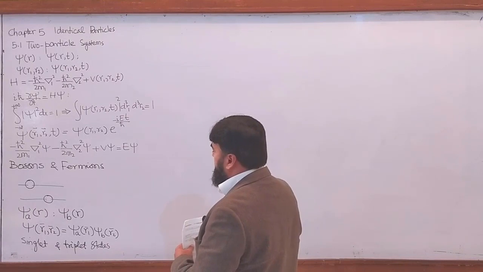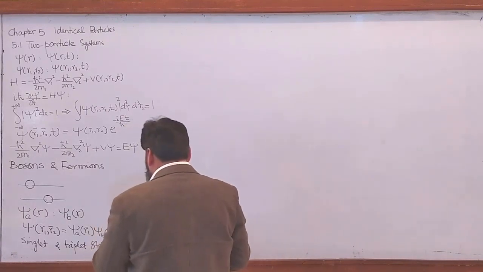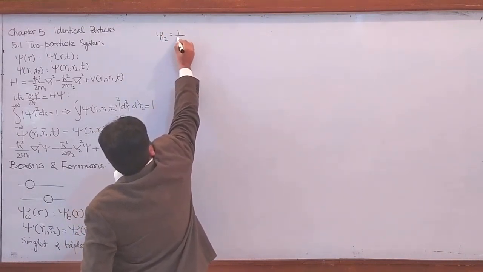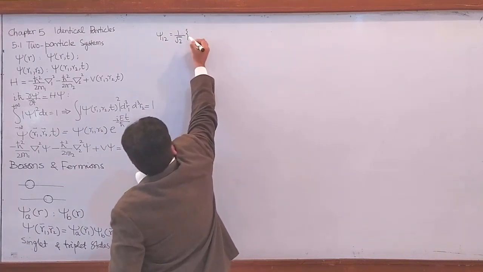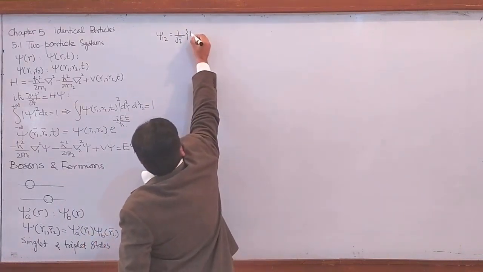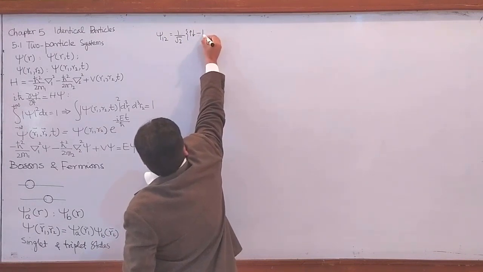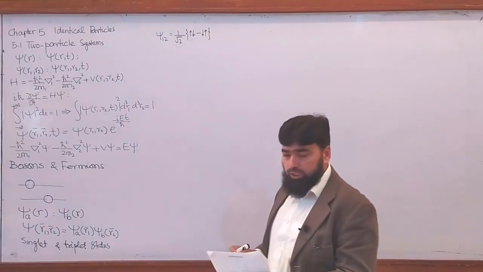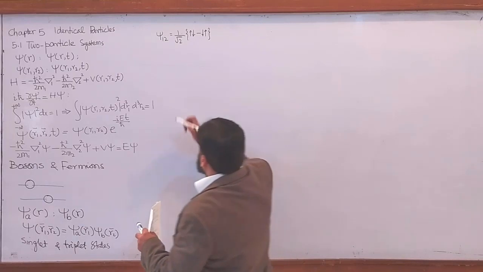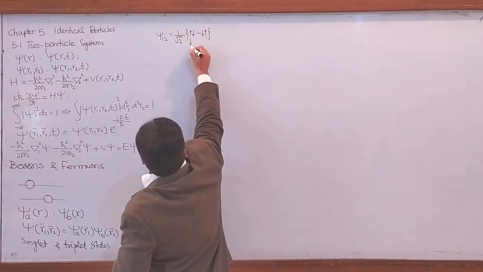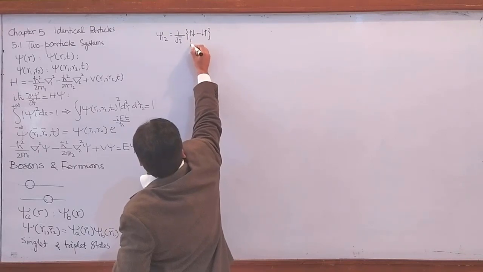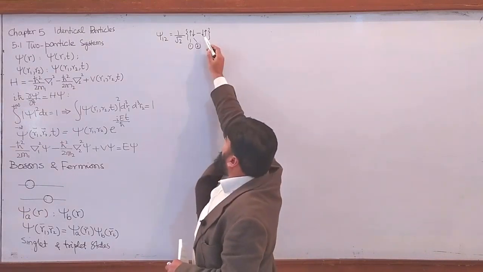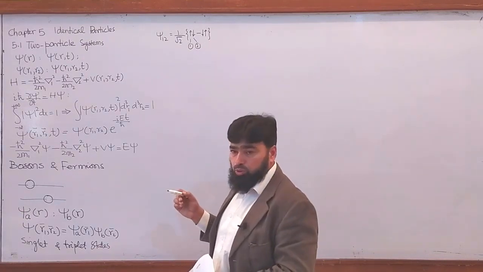Let's say I write one of the states, a combination like psi(1,2). It's a singlet state, and you remember what it was. It was spin up, spin down, minus spin down, spin up. This was our singlet state. You remember this one. Now this is for our particle 1, and this was for our particle number 2.